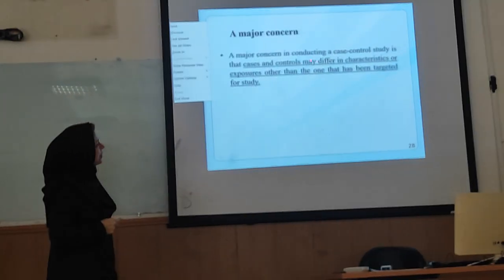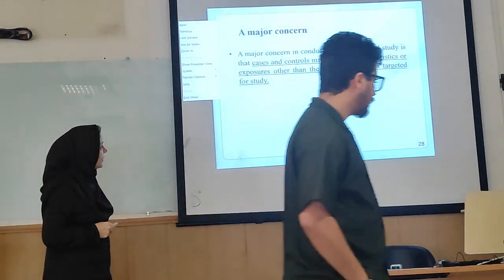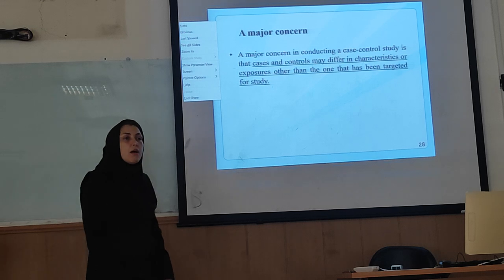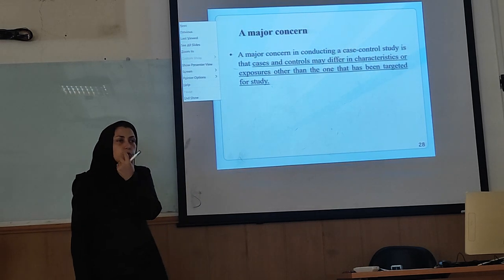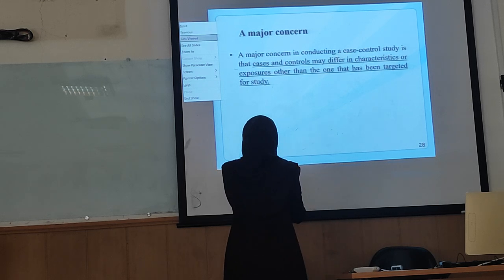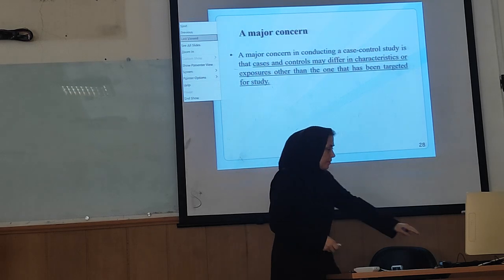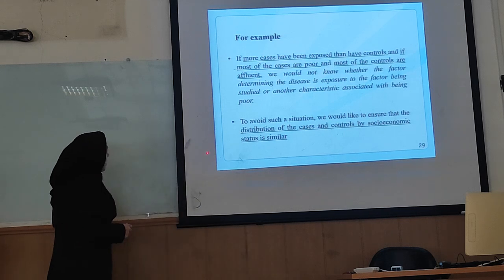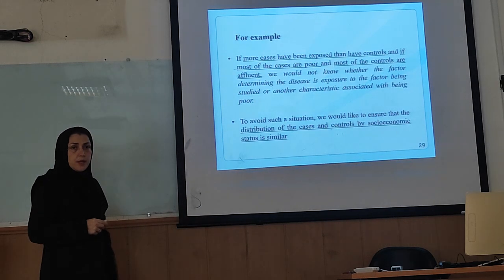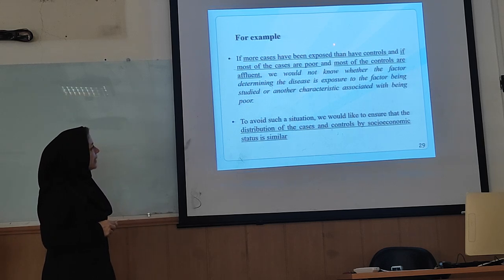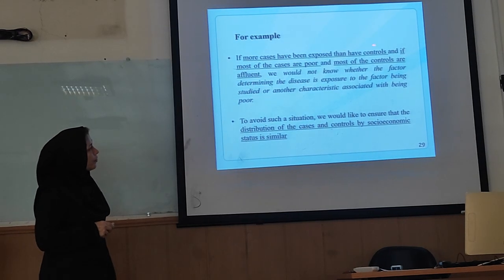Cases and controls may differ in characteristics or exposures other than the one that has been targeted for a study. What do I mean? For example, you can see sometimes, based on the result, more cases have been exposed than have controls.